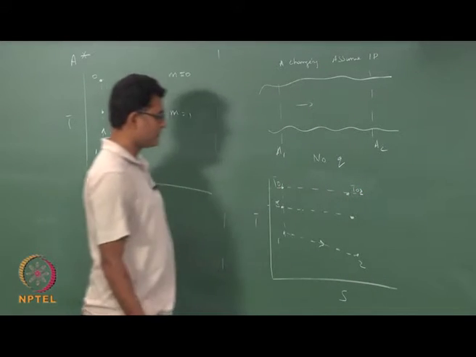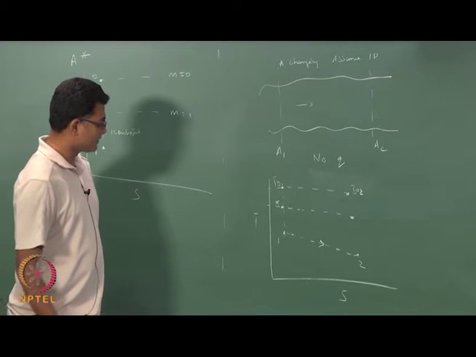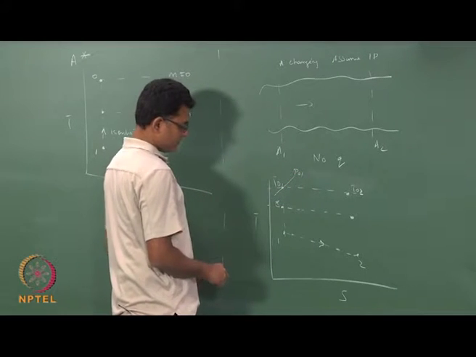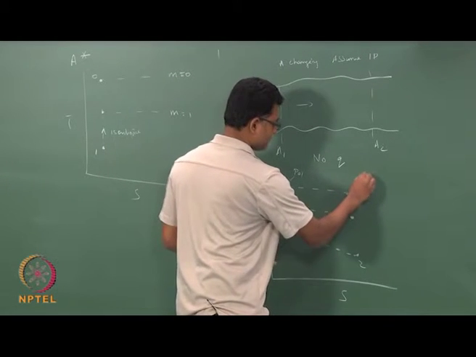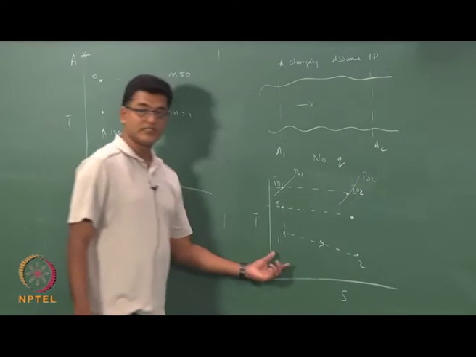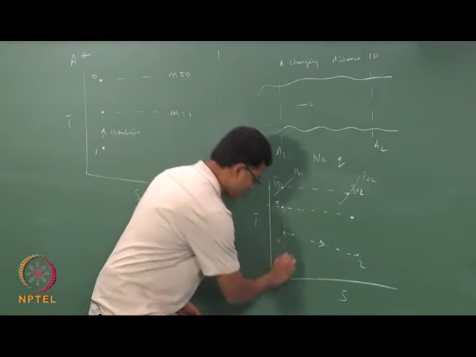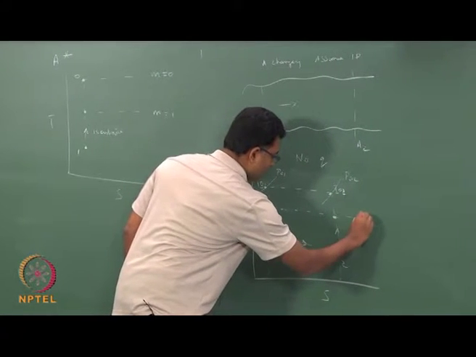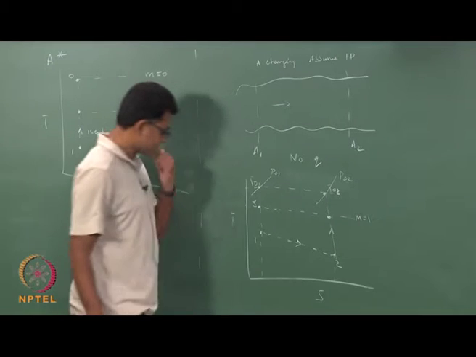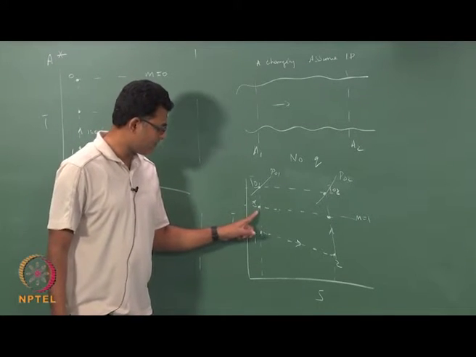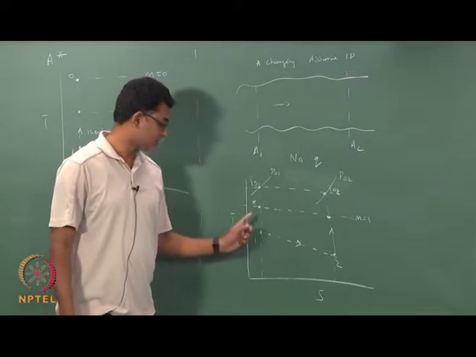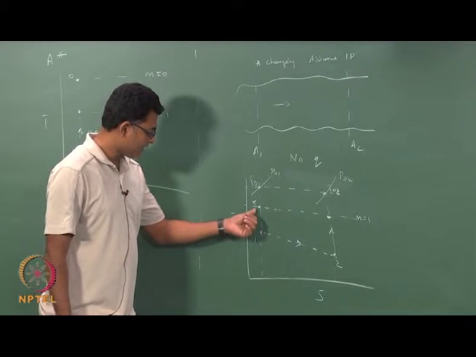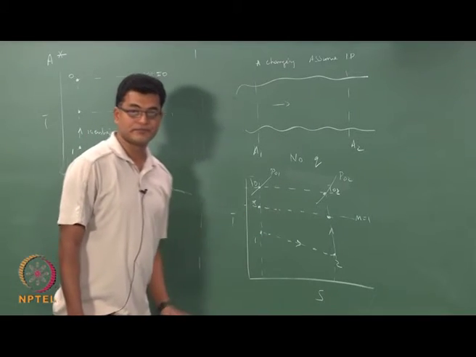Since there is no Q, there is no shaft work, but we also know that the stagnation pressure of 1 and stagnation pressure of 2 are different because there is an irreversibility associated with the flow. Now, we will see what is the relation between the star states of 1 and star state of 2. So, our aim is to find the relation between A star 1 and A star 2.